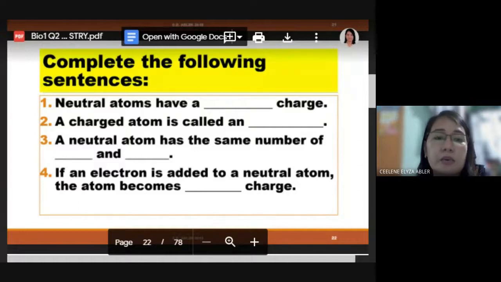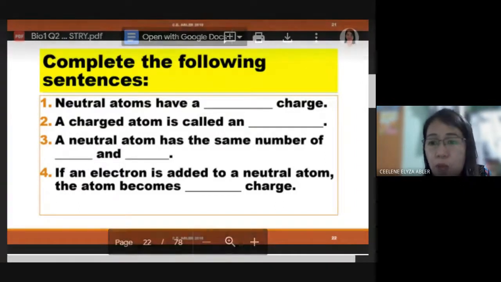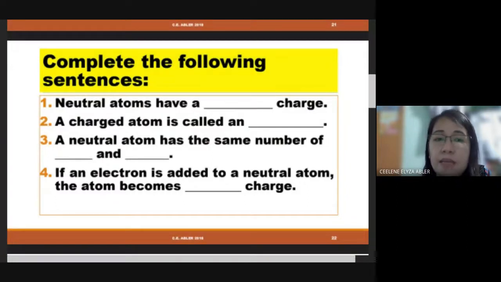For number 2, a charged atom is called what? For your lessons, from here on out, we use the term ions. So we have a cation. Remember this mnemonic: cat, because of the t, it's a plus sign. So that's a positively charged ion.